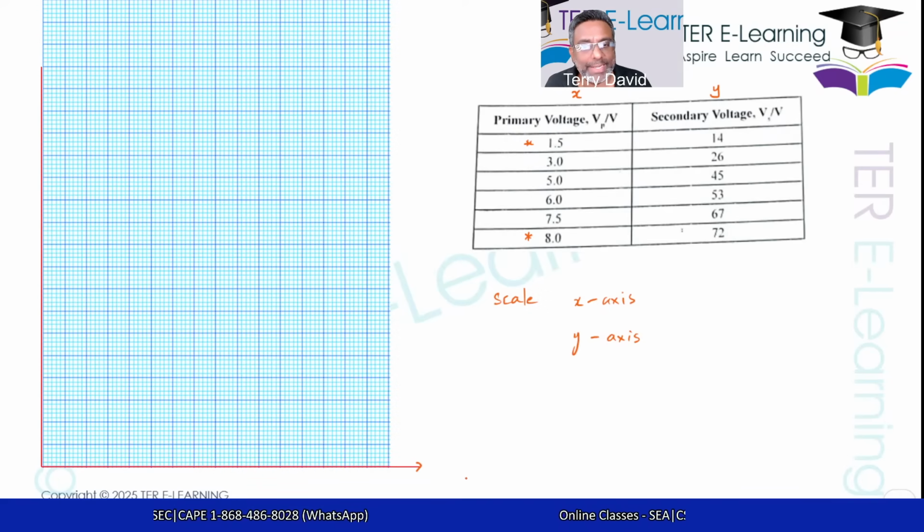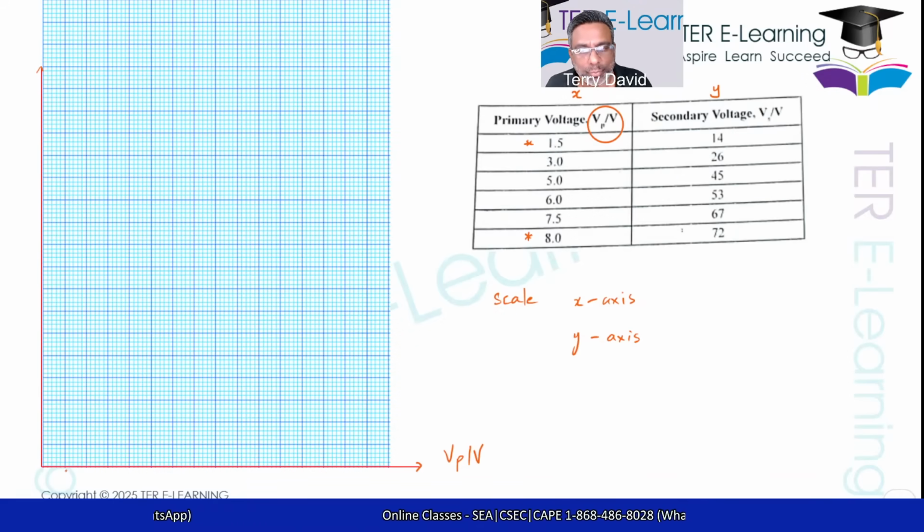We need to label. So first of all, this is your X-axis, which is VP. So you need to label and put a unit. You are getting marks for that. And don't stress because it's right here in the table, but you're getting marks for labeling the graph, right? On this axis here, well, I haven't selected the scales yet.